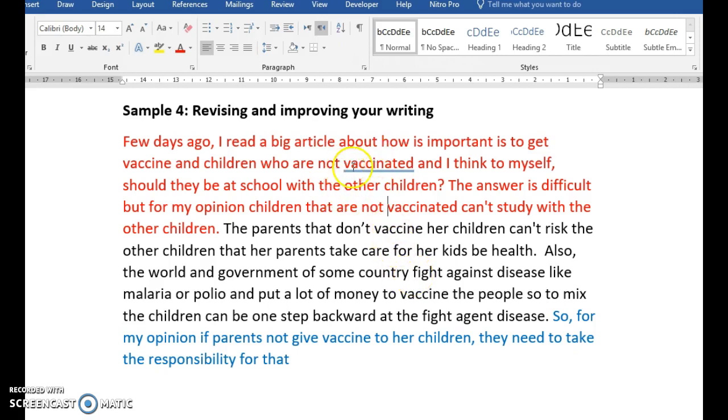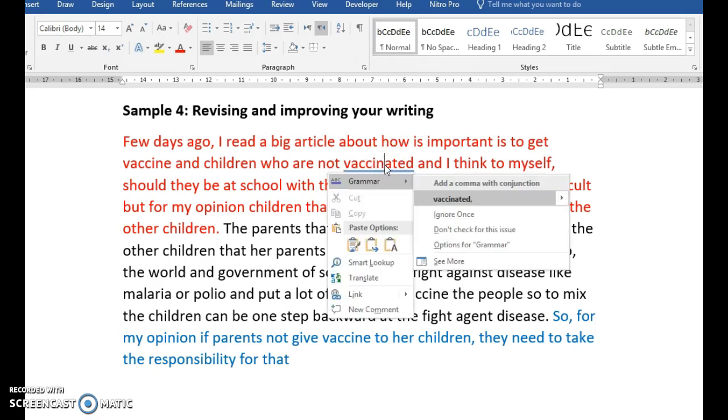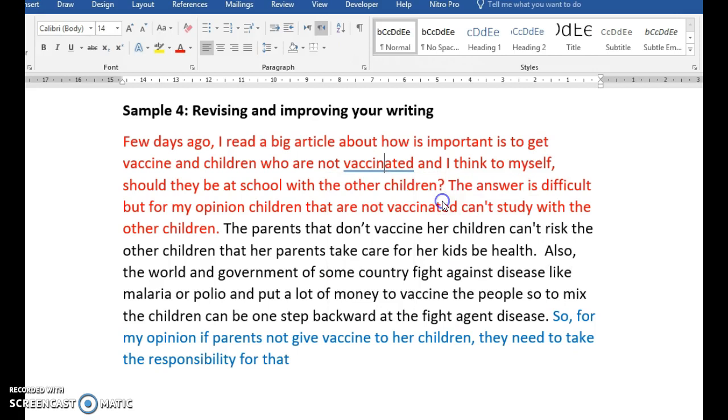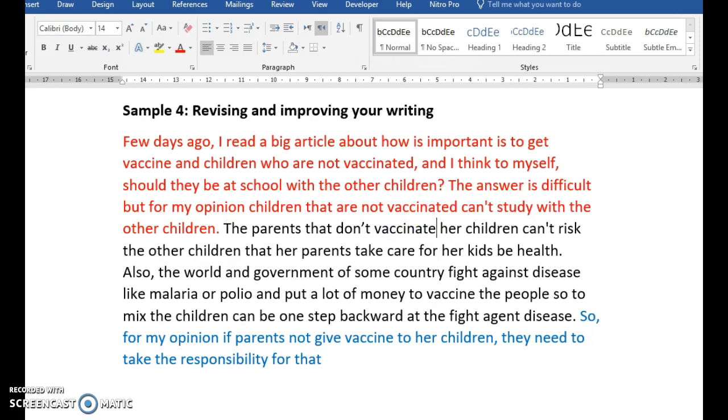Now let's look here. What do we see here? We see a line. What happens if I double click? It fixes the English. So now let's look. We've got here. So parents that don't vaccinate, we need that. They're their children, not hers.